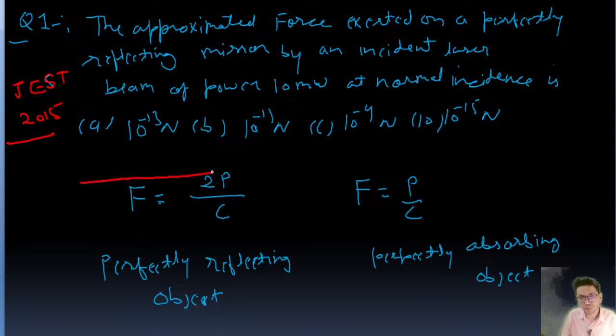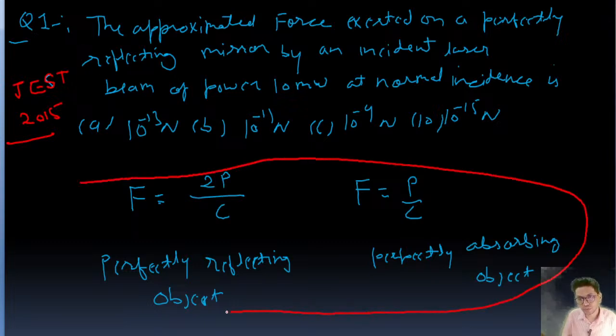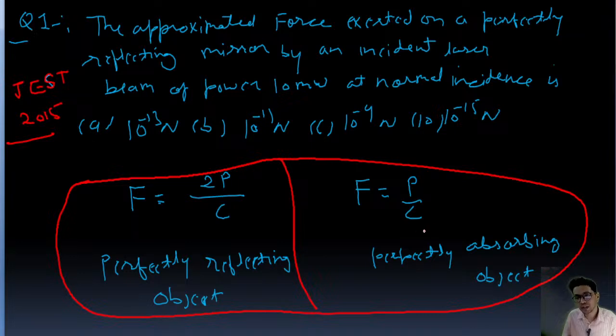Very important formula, okay, so you can note down. For a perfectly reflecting object, the force exerted by the beam is 2P upon c, and for a perfectly absorbing object, the force exerted by a beam of light or beam of laser is P by c. This you need to note down.